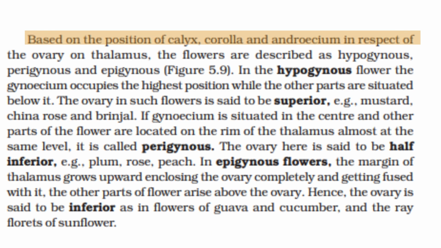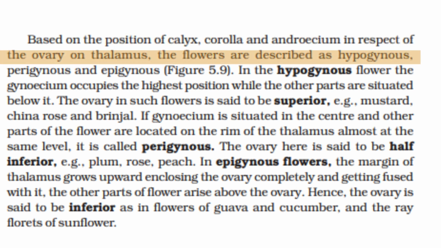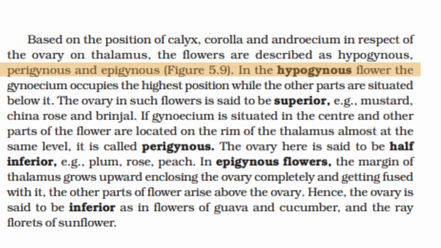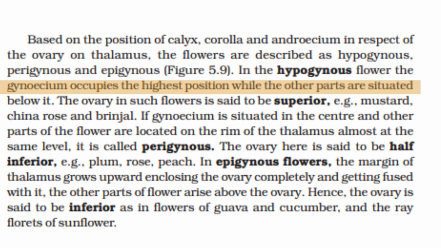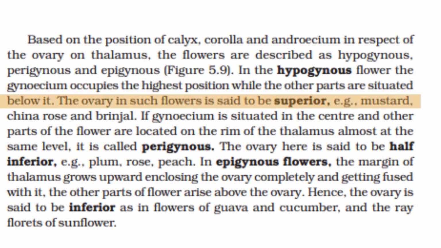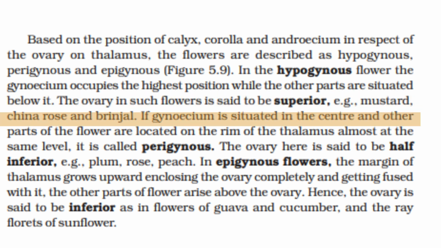Based on the position of calyx, corolla, and androecium in respect of the ovary on thalamus, the flowers are described as hypogynous, perigynous, and epigynous. Figure 5.9. In the hypogynous flower, the gynoecium occupies the highest position, while the other parts are situated below it. The ovary in such flowers is said to be superior. Example: mustard, china rose, and brinjal.